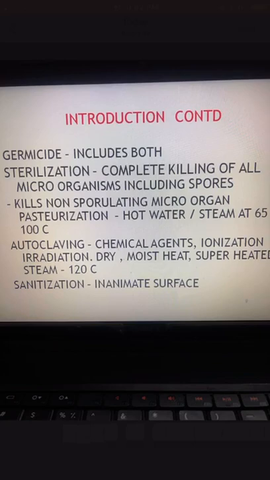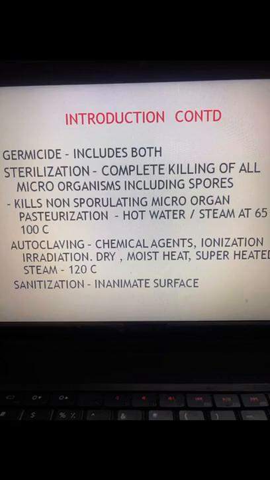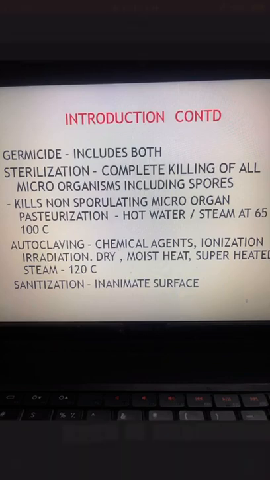And sterilization. What is sterilization? Sterilization means complete killing of all microorganisms, including spores, and the killing of non-sporulating microorganisms is pasteurization. Pasteurization is the use of hot water or steam at 65 to 100 degrees centigrade, and that kills the non-sporulating microorganisms. Then next comes autoclaving. What is autoclaving?